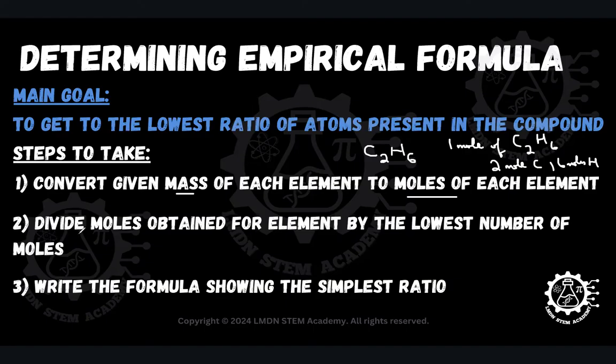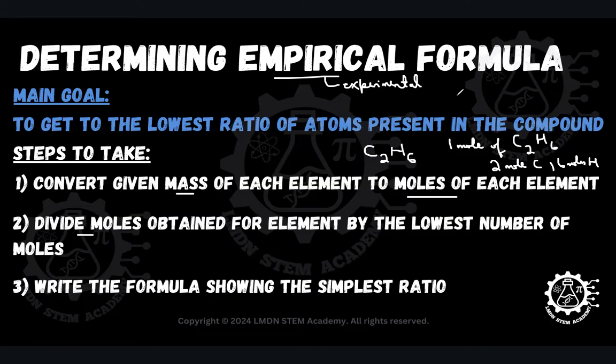But then the next step, where we're dividing, is so that we can get the lowest whole number ratio, which is what we're after in an empirical formula case, right? Now, it is important to know that because it's an empirical formula, it's derived from experimental data. So what that means is that we might have a sample that's not equivalent to the full molar mass or a mole of the sample.